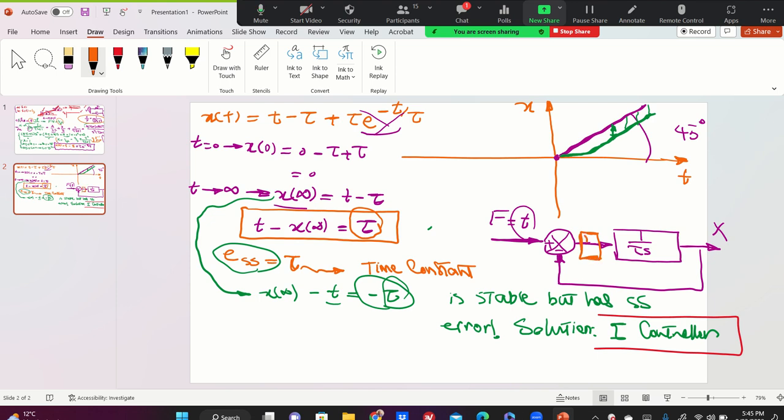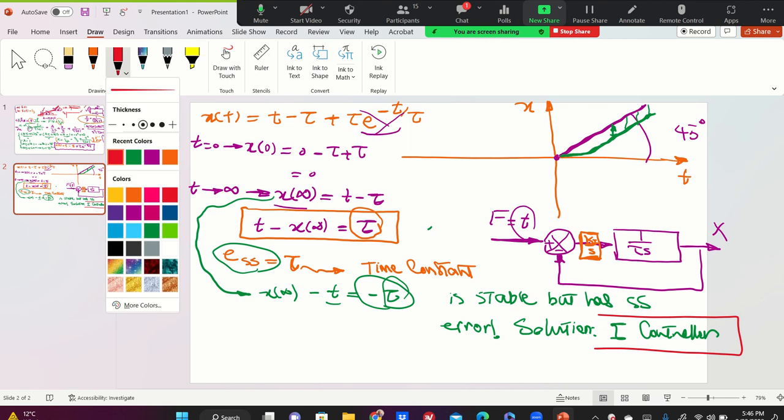Yes, it means Ki over s. That's right. If you apply this controller here, I'm going to show you by coding eventually in MATLAB.